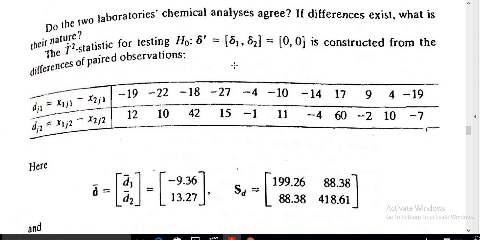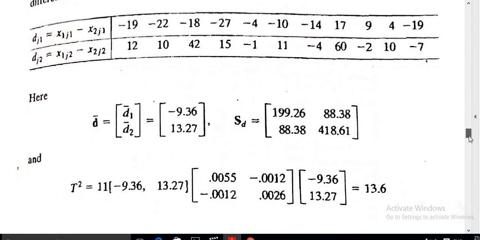First we have to take the difference between the first and second laboratory, and this is the mean of the differences, and SD is the covariance matrix of these differences.